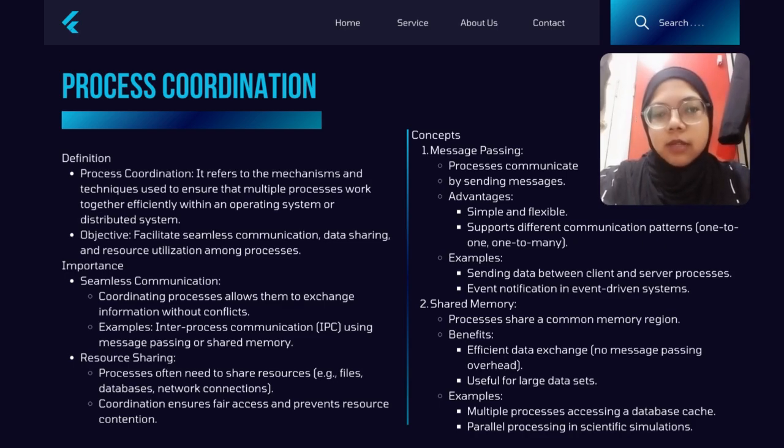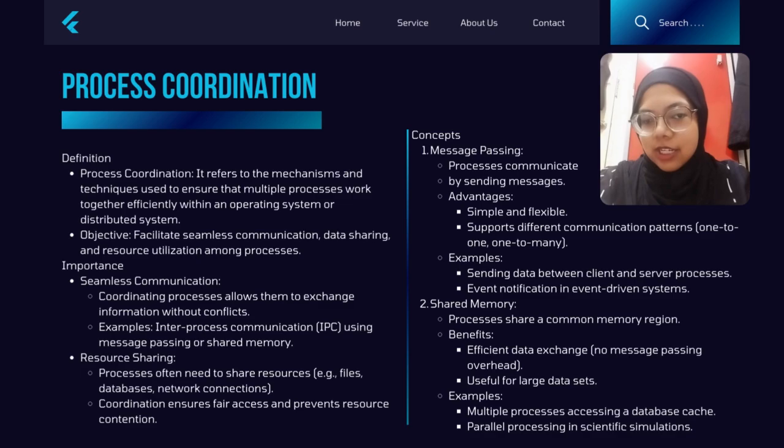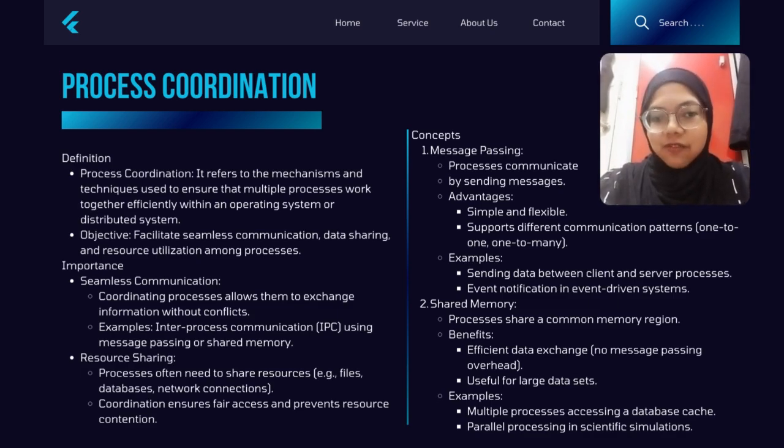The first one is message passing. In message passing, processes communicate by sending messages, with the advantage of simplicity and support for various communication patterns, one-to-one, one-to-many. An example is a client-server data exchange.